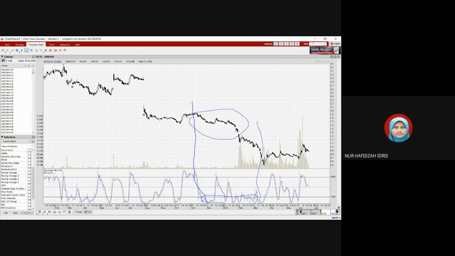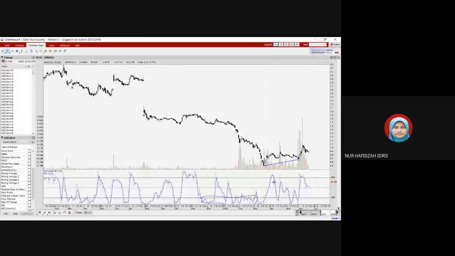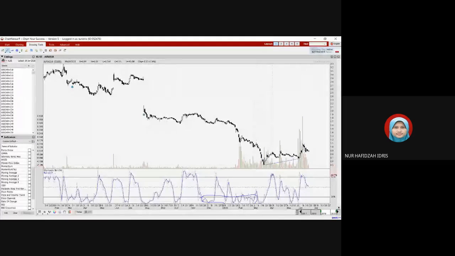So now I nak cari divergent. For the divergent, okay, tapi ni tak nampak sangat. Agak susah nak tengok divergent. Kita ambil sini. Okay, so this is higher high, higher low dekat K, percentage K tu.